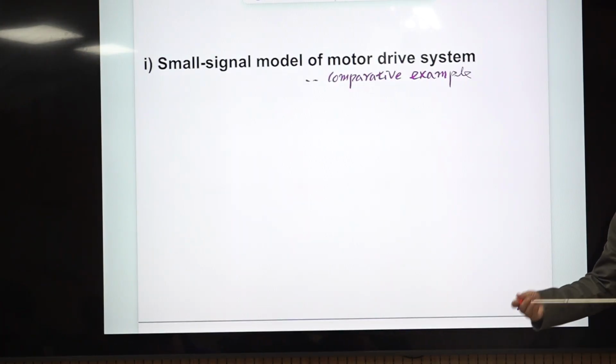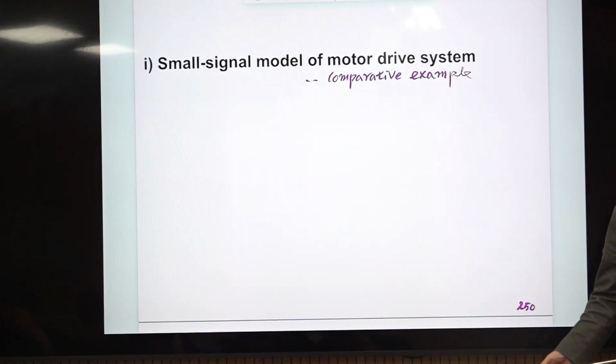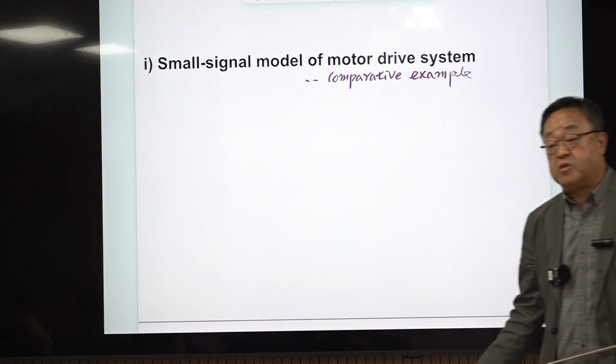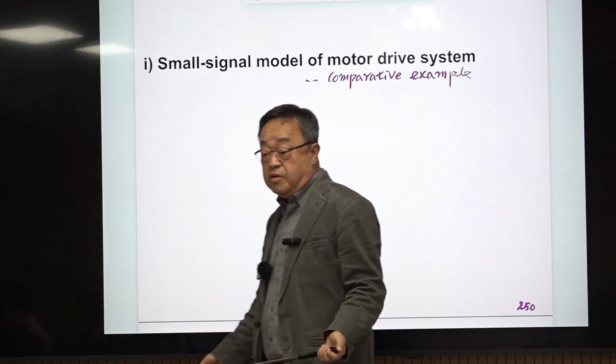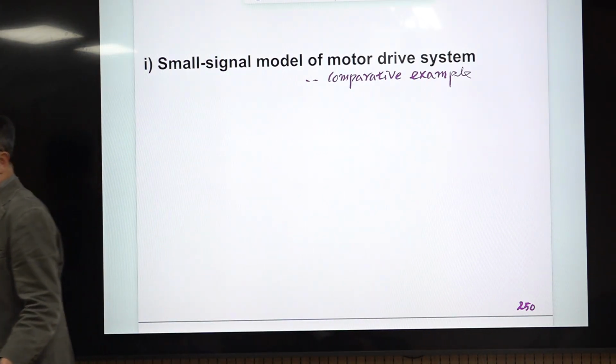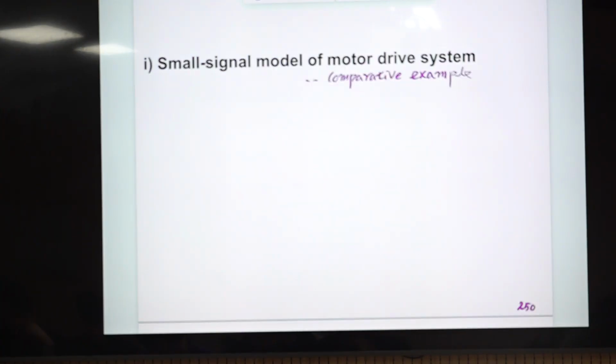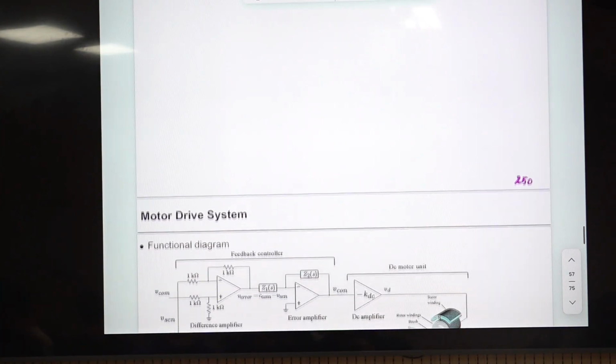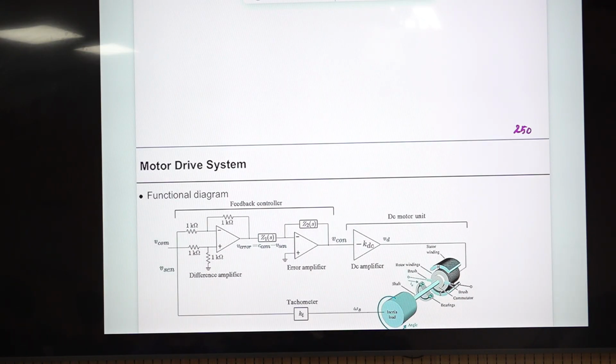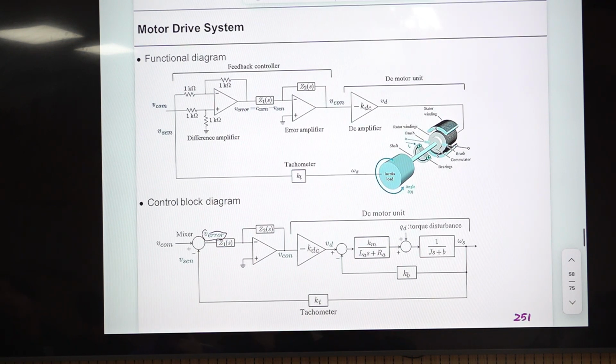Why is the small signal model of the PWM converter very different from what I had seen in the control books? That was the big question, and I spent some time to figure that out. So I'd like to deliver that information. So this is the example motor drive system.